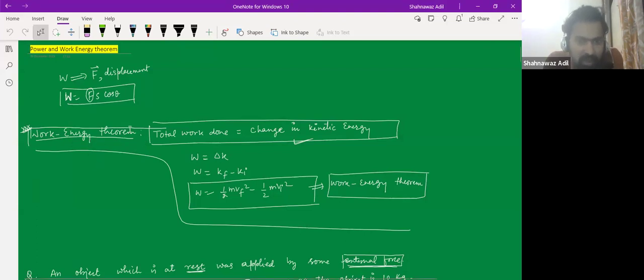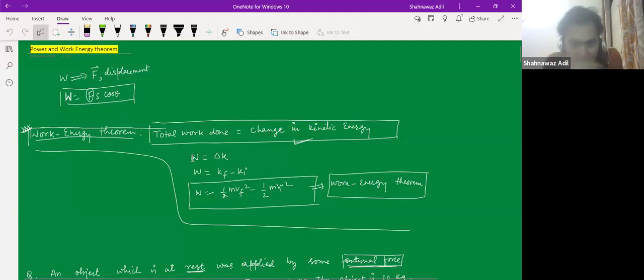This is applicable for any kind of forces. Dissipative force, conservative force, any kind of force. So total work done, that would be change in kinetic energy. And this work done can be friction, this work done can be dissipative, this work done can be any kind of force, right? So it is not necessarily that the work done should be of conservative force.